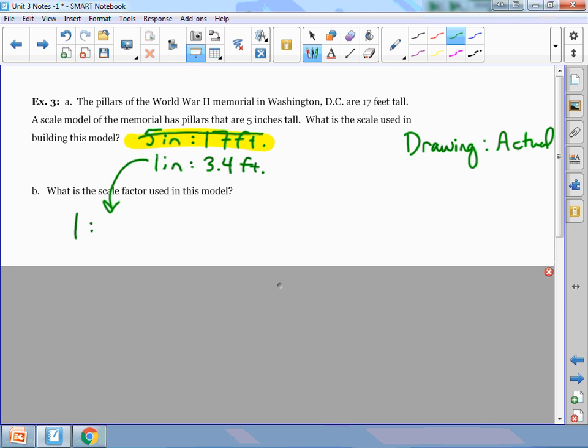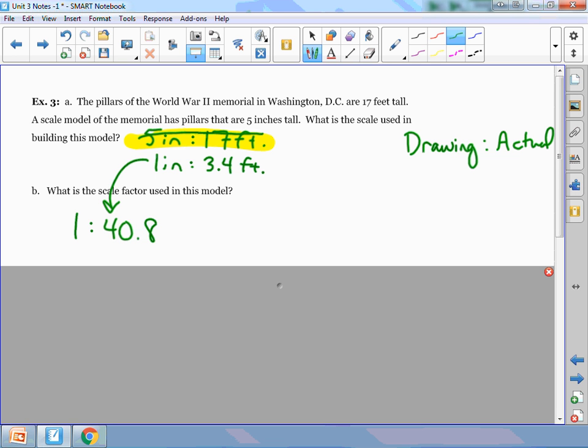Go ahead, Jack. What do you have? 1 to 40.8. Sound right? So in this case, the actual object, the Memorial, is 40.8 times the size of that model that was built. Okay? That's what scale and scale factor look like.